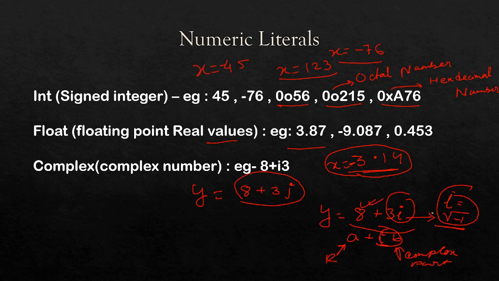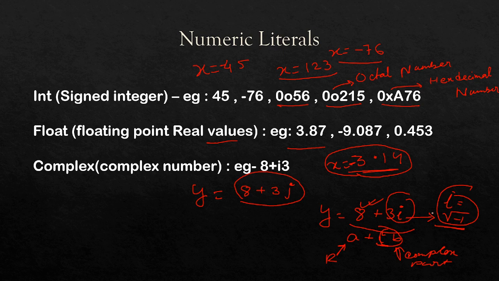In mathematics, we have complex number, one of the major concepts of maths. So if you are learning science, you should know this. If you are not from a science background, then you just have to remember this one, that this is a general format of complex number.